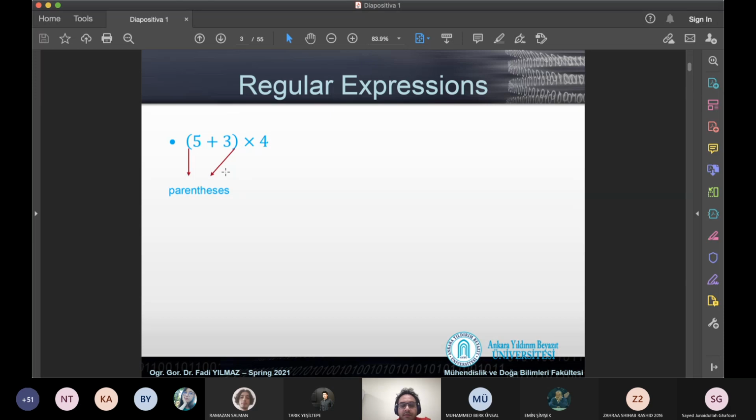For example, the parentheses just declare the priority. The summation operator is there, and we know what it means. By the parentheses, we know that we have to calculate the summation first, and then the multiplication operator, another operator, right? And there are operands. In this case, there are numbers. So we know what these expressions mean, and we know how to solve them. This is very straightforward.